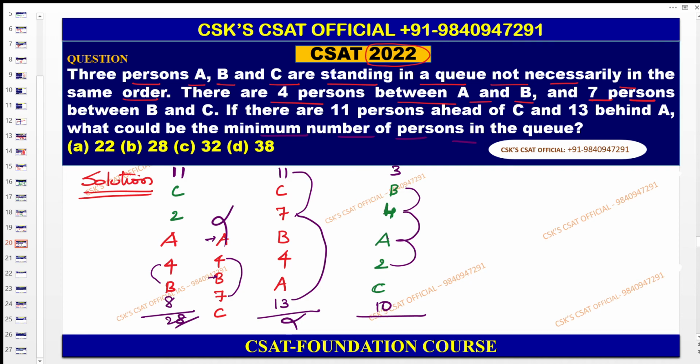If it is lesser than 28, then we take this one as the answer. Now let us check here: 10, 11 plus 2, 13, 14, 18, 19, 19 plus 3, 22. So what could be the minimum number of persons in the queue? The minimum number of persons here is 28 or 22. In this case, 22 is the minimum. We have to take the minimum. So, the answer for the question here is 22. Getting it?